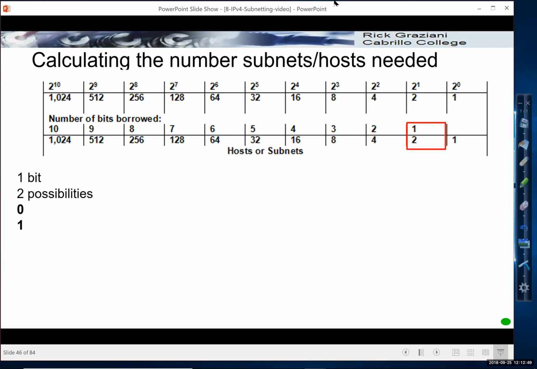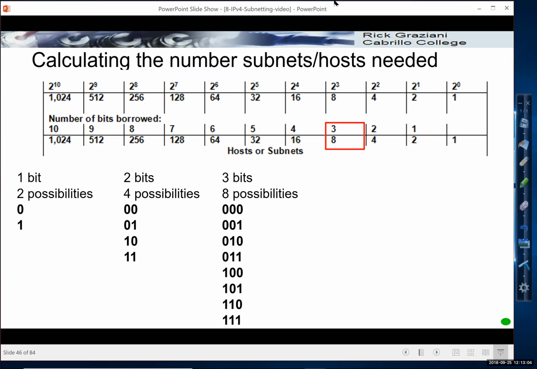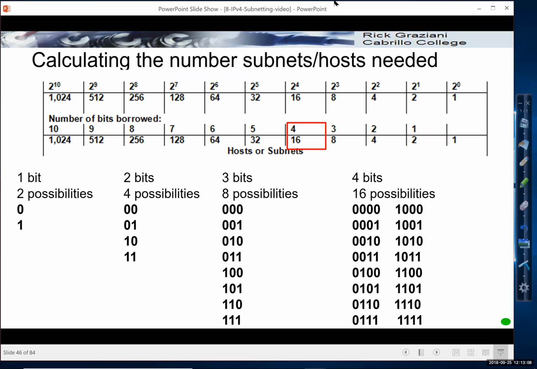First of all, if you have 1 bit, you only have 2 possibilities, 0 or 1. If you have 2 bits, you have 4 possibilities: 00, 01, 10, 11. 3 bits gives you 8 possibilities, from 3 zeros to 3 ones. 4 bits gives you 16 possibilities.